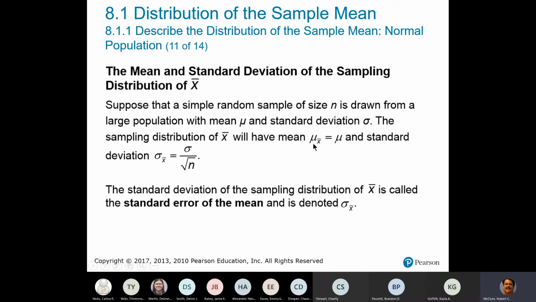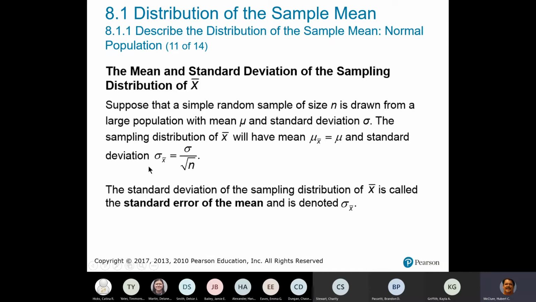So the mean of the sampling distribution will be equal to the mean that's given. That's important. So you need to highlight that little part right there that says the sample mean will be equal to the given mean in the question.